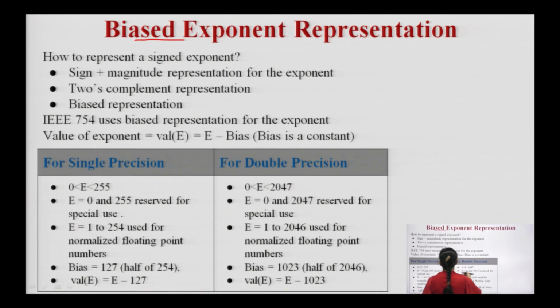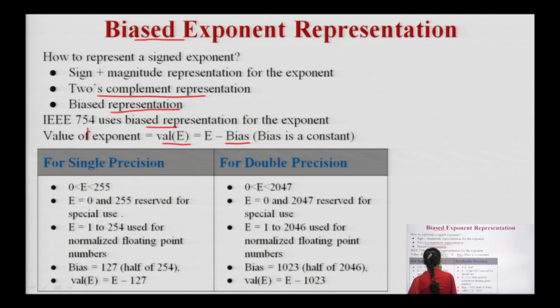So, to represent that, we may take 2's complement representation or bias representation, or sign representation. IEEE 754 uses the bias representation for the exponent, in which the value of the exponent is calculated as E minus bias. This bias is a constant.